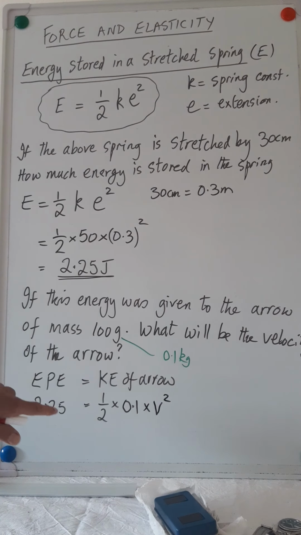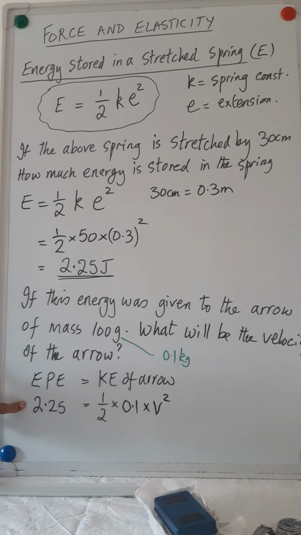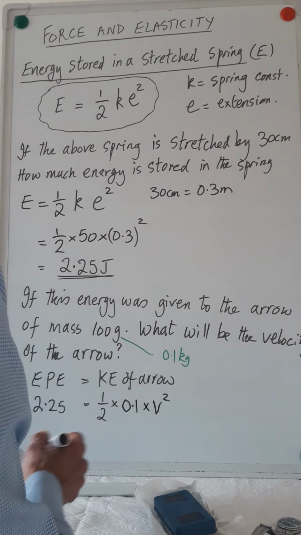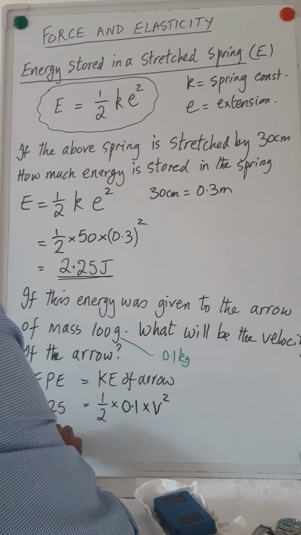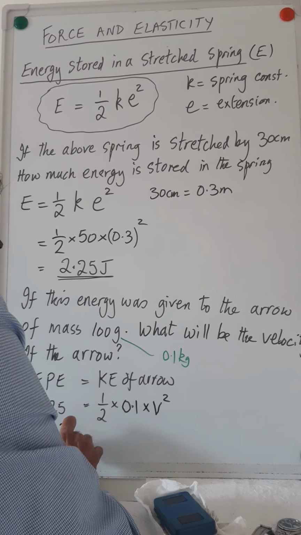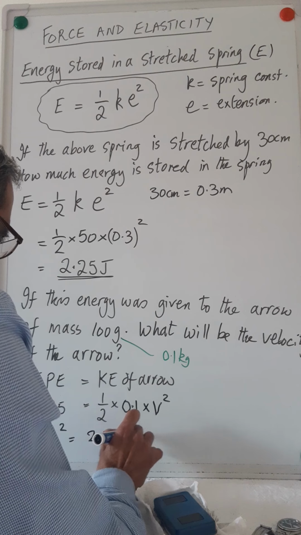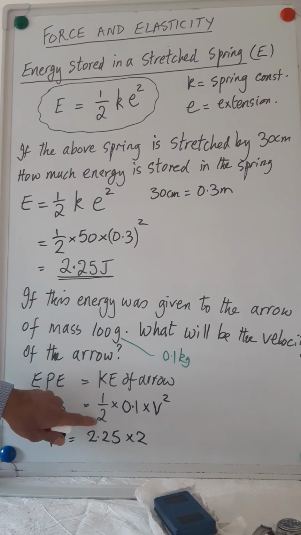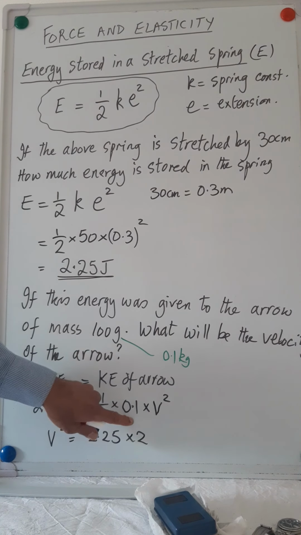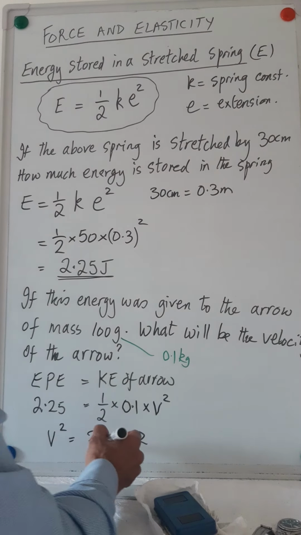Now if we rearrange the formula, take the 2 to the other side and multiply. So v squared is equal to 2.25 times 2. Then you bring the 0.1 to the other side: 0.1 is multiplying, so you divide by 0.1.